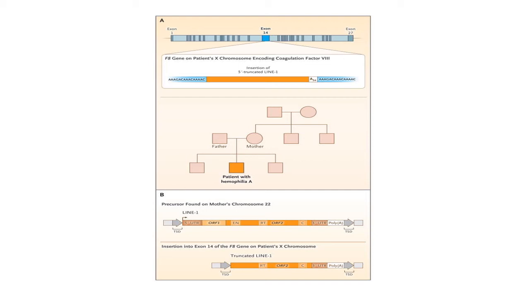He's unable to coagulate blood in a proper order. So this is a new mutation caused by L1 jumping into that particular exon of this very important gene. An examination of the boy's L1, you can see that it's 5' truncated and that it has ORF2, but it's missing its promoter and it's missing the 5' untranslated region and it's missing ORF1. So that's an example of what this looks like.